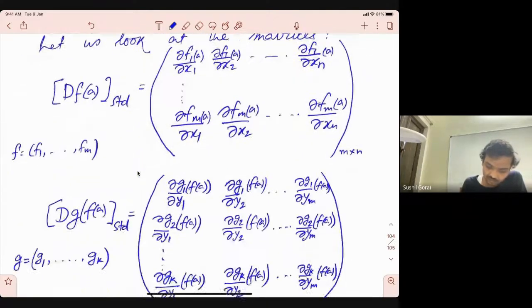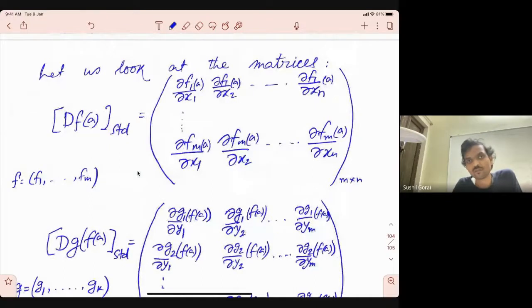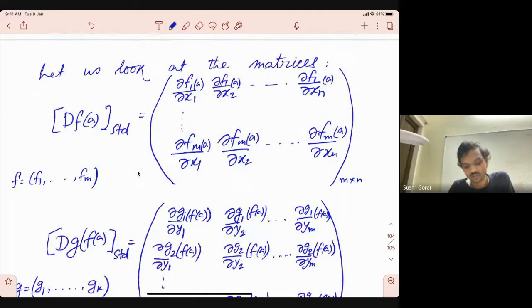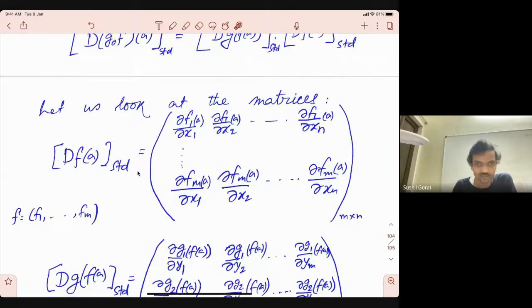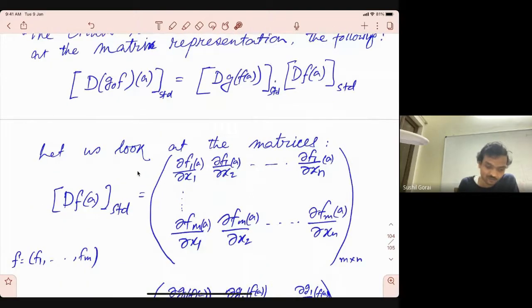Now in this way, we found that each of the entries here is a partial derivative, right? Two matrices equal implies entry-wise equal. So we actually found each of the partial derivatives of G compose F in terms of this.